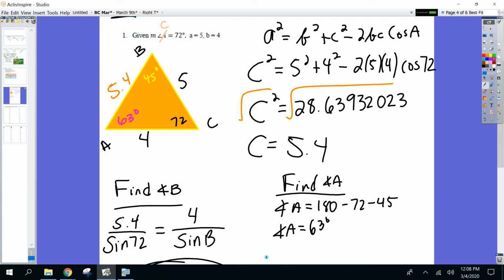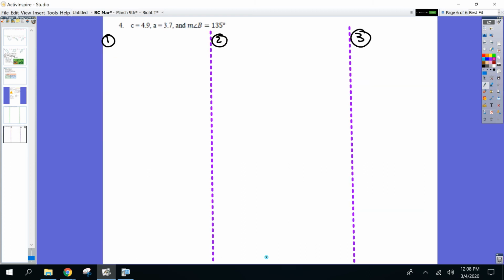All right, questions? Now we're going to have a little fun. I'm going to put you in 3 different groups. Group number 1 is going to be right here, group number 2 will be in the back, and group 3 will congregate right over here. You will be assigned a problem to do. There are 3 problems left.